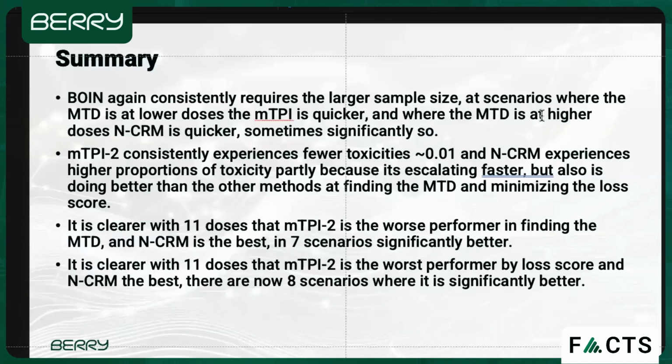So the BOIN again is consistent, requiring a larger sample size, and the CRM and the NCRM, where the MTD is at a higher dose, is quicker, sometimes significantly so. MTPI2 consistently experiences fewer toxicities, and the NCRM experiences a higher proportion because of its faster escalation. But it's doing a better job at finding the MTD and minimizing the loss score, where the MTPI2 is the worst performer by both measures, and the NCRM is the best, and in many cases, significantly the best.